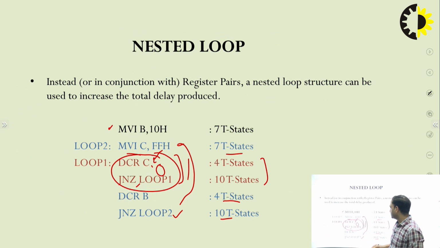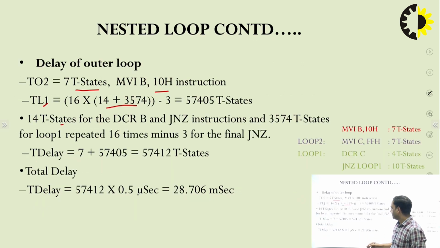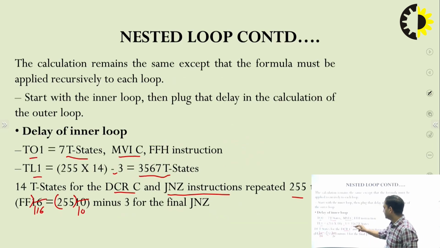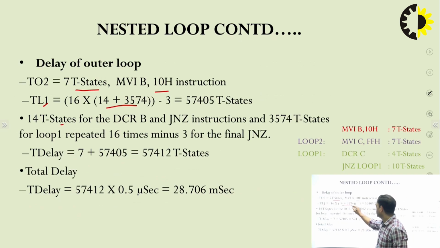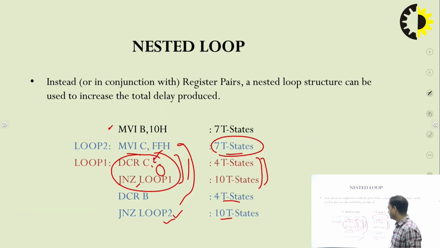This 2574 will come out by adding 67 plus 7. Here we are using 7 T states for this case. So 2564 from here plus 7 T states, we get this number, 63574 minus 3. Why this minus 3? This is for the loop JNZ.